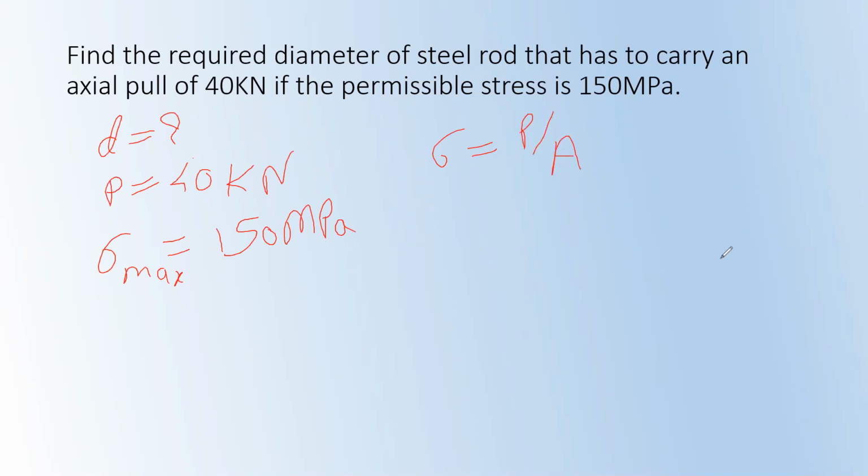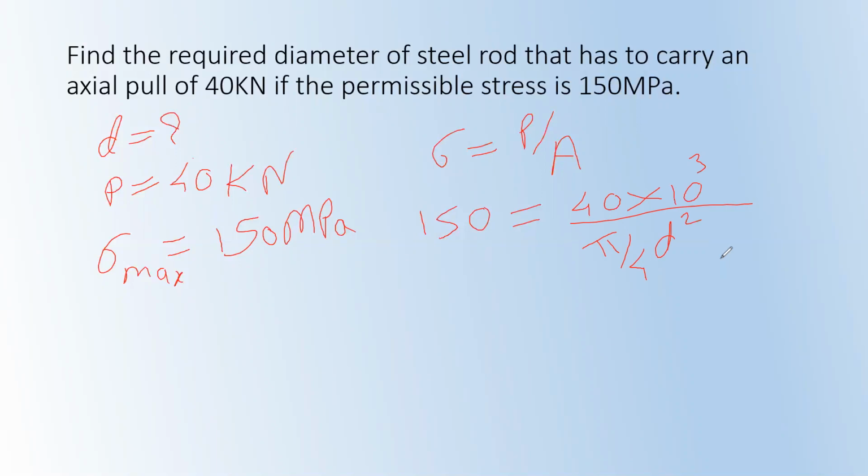That means I can say it is 150, and you already know it is Newton per mm square, equal to P. P is how much? P is 40 kilonewton. I will convert that into Newton, dear friends. So that is 40 into 10 raised to 3 upon area. What is the area of any circular rod? That is pi by 4 d square.